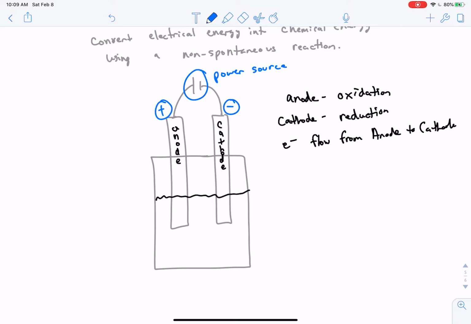Because the species in question don't want to reduce and don't want to oxidize, we have to make the charges of the anode and cathode such that it will force them to reduce and force them to oxidize. So if you want something to lose electrons, the anode has to be positive to attract that and make them lose the electrons to that. Does that make sense?